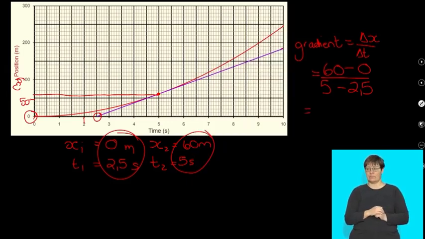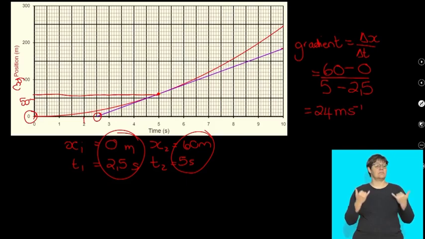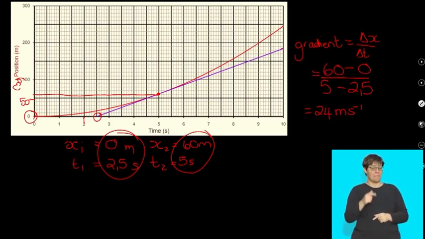So over here, 24 meters per second. At the moment, I have calculated an instantaneous speed. I want instantaneous velocity, so I need to add in direction. And if we think about our diagram, it was going to the right.